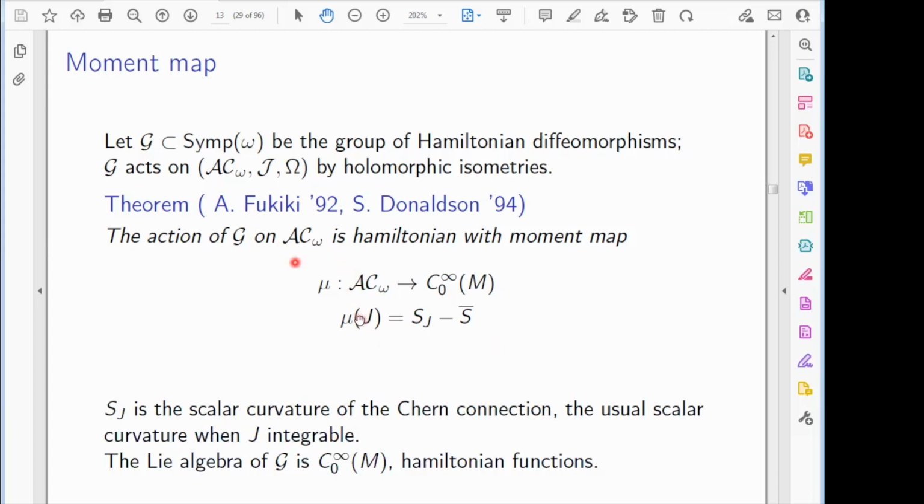So if J is not integrable, then the scalar curvature here for non-integrable almost complex structures is not the Riemannian scalar curvature. It's a Hermitian scalar curvature.